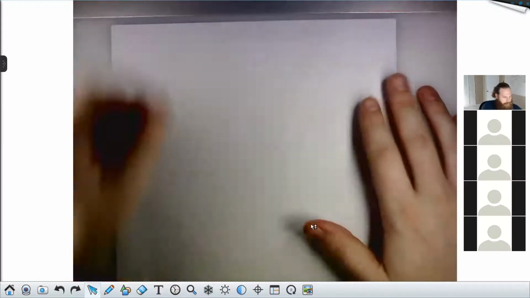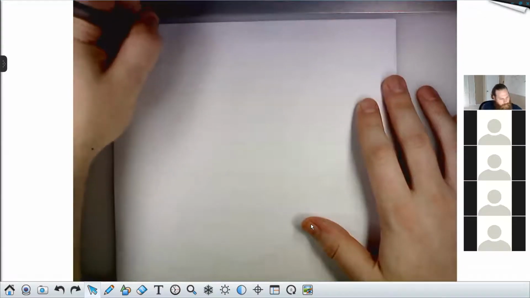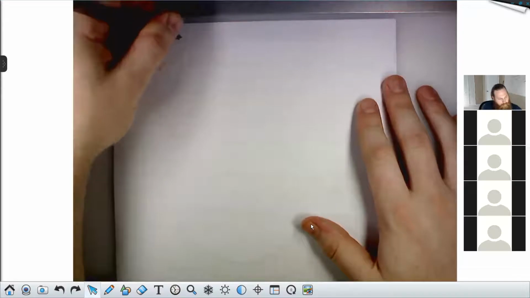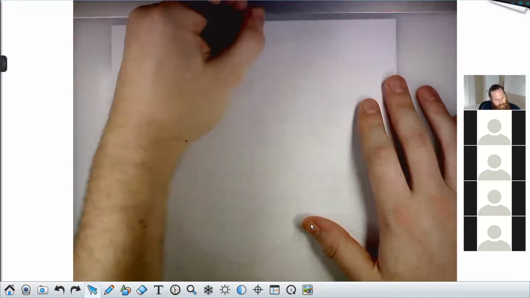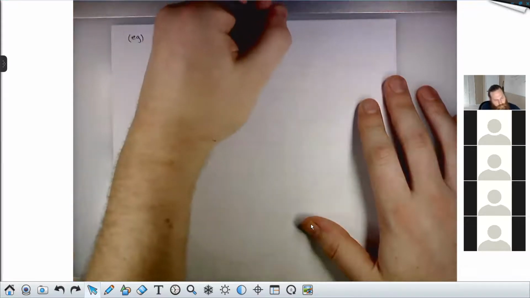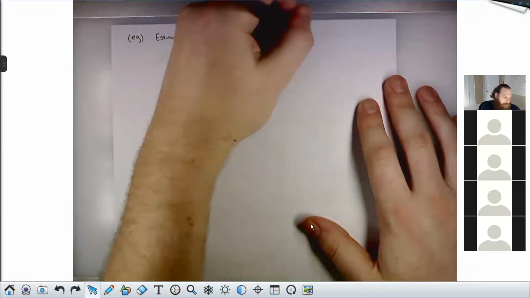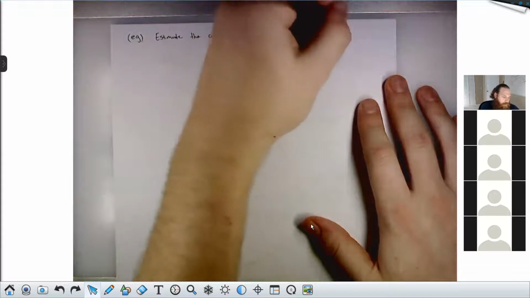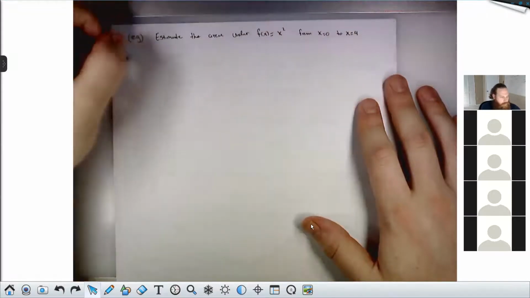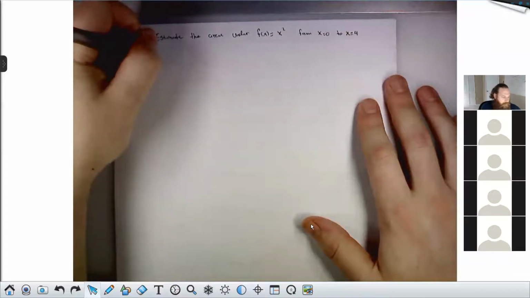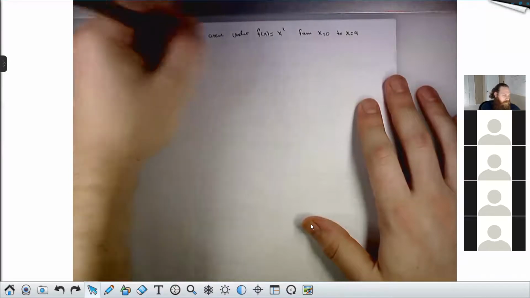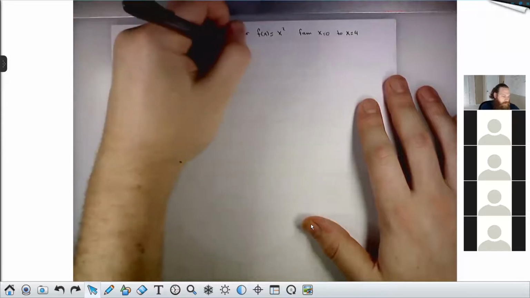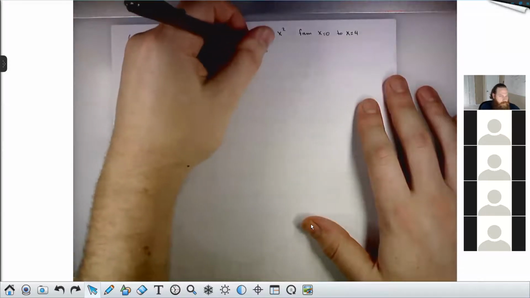Same problem, but now we're going to estimate the area under f of x equals x squared from x equals 0 to x equals 4 using left endpoint and 4 rectangles.